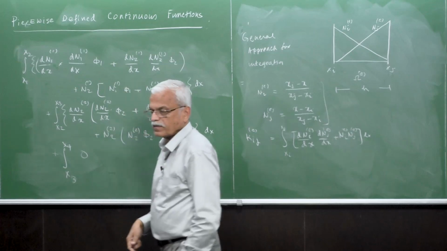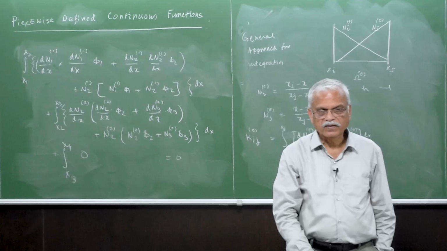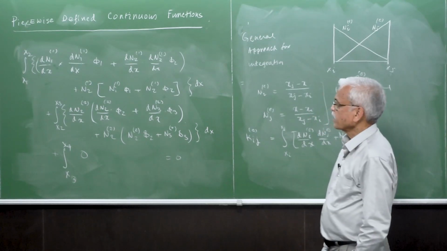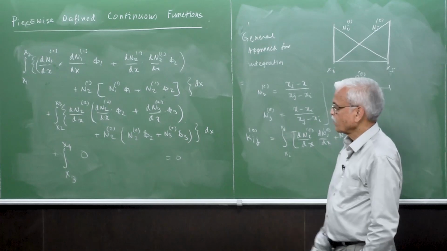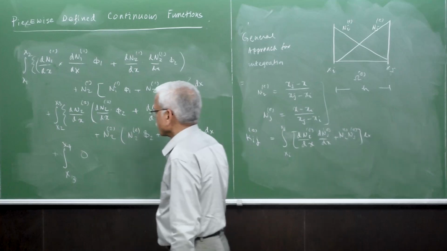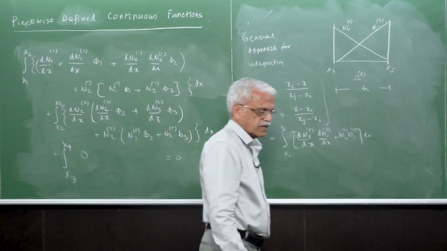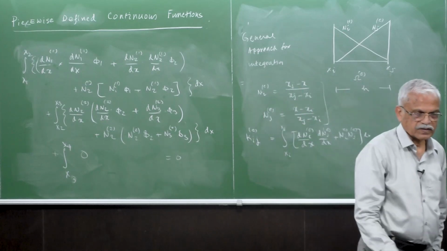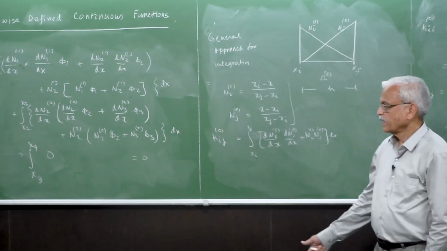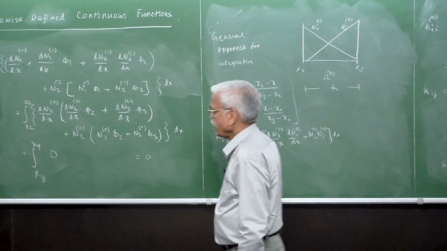N2 and N3 are the only possible weighting functions for this problem, where the end function values phi1 equal to phi a and phi4 equal to phi b have been prescribed. So if those have been prescribed, then the condition on the weighting function is that it has to be 0 at those end points. So that is only possible by N2 and N3.